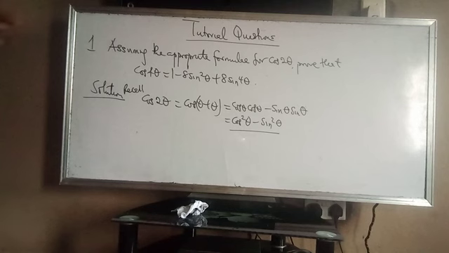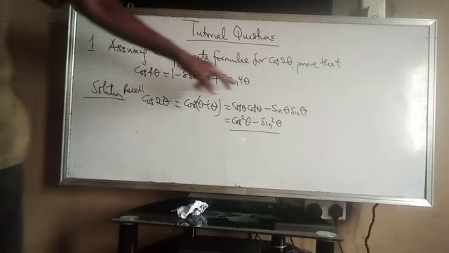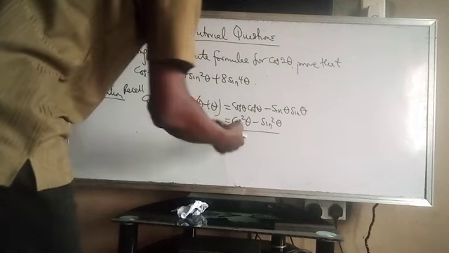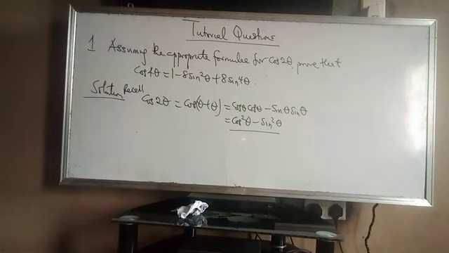Now, if we look at the given problem, you will see that there is no cos theta on the right hand side of the expression. So it will be better we change this to a form that doesn't have cos theta. How do we go about that?